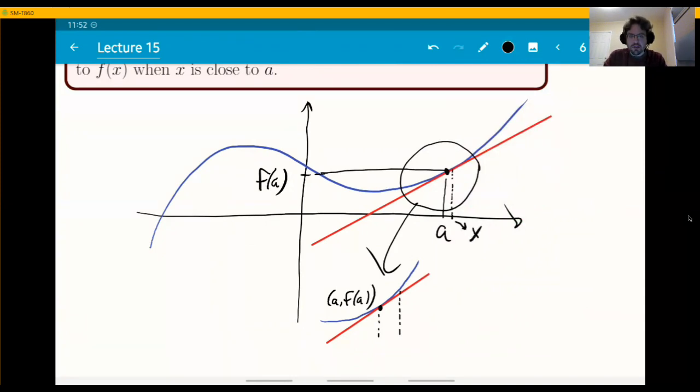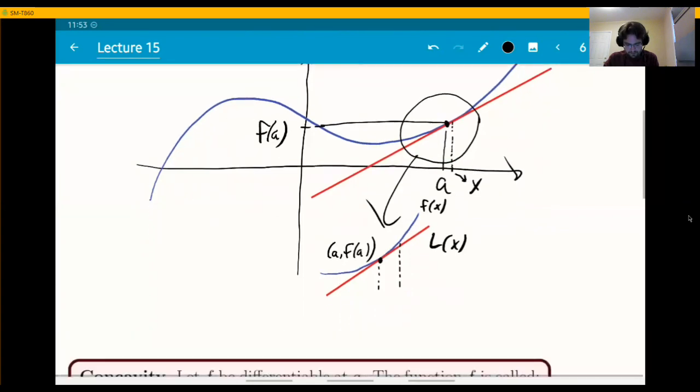Well, if you zoom in into this picture right here, you see that the graph in blue and the tangent line in red, they meet at the point where the tangent line is based. That's the point A. But if you're close enough to there, then the value of the blue line and the red line are really close. So the tangent line L of x and the actual function f of x are also going to be very close. This is why linear approximation works.